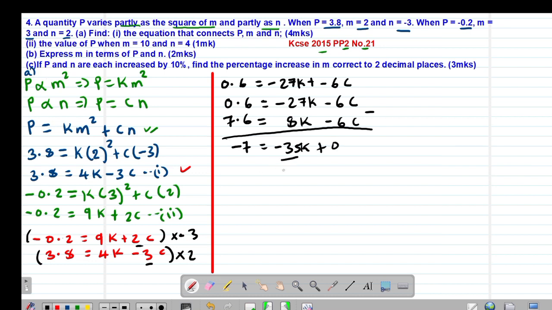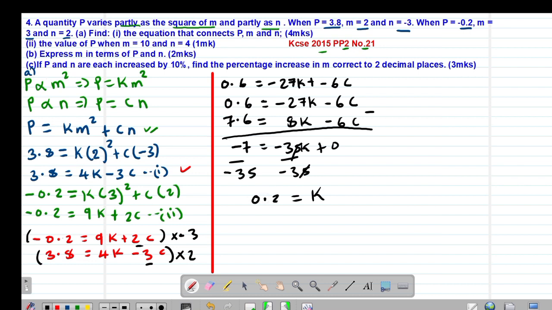So I'll divide through by negative 35. So the value of K will be equal to negative 7 divided by negative 35, which is going to give me 0.2.